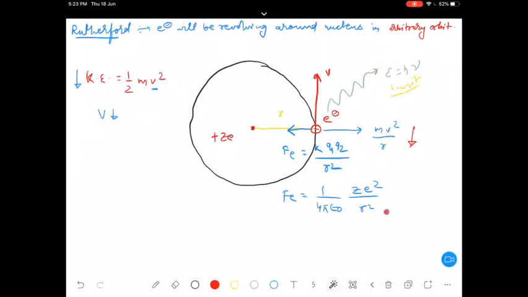Now the electrostatic force's value is not changing, but the centrifugal force's value is decreasing, which means after some time the electrostatic force will become stronger than the centrifugal force. So now one force is acting in the radially outward direction, one in the radially inward direction, correct? Because of this, this electron will start to move towards the nucleus in this way.